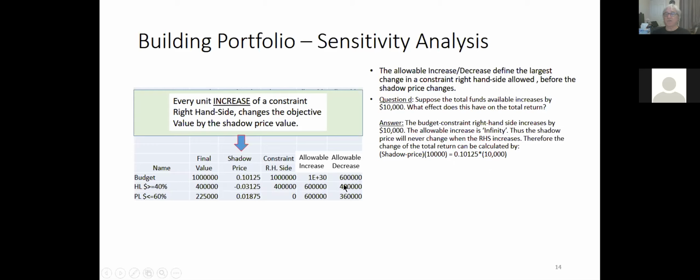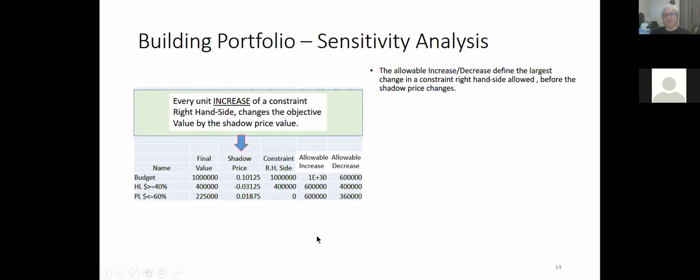Now, what if I take away $10,000? I make a question now. I take away $10,000 from the money available here. So you don't have 1 million available anymore. What will happen to the total return? I'm looking at the allowable decrease. The allowable decrease is 600,000.